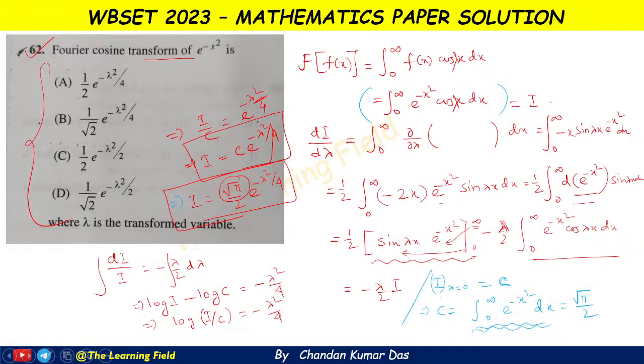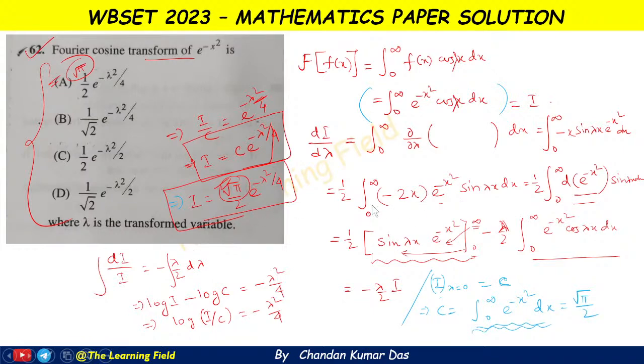I think this is a printing mistake, or in that case the question may be wrong, because a root pi must come. If root pi is not given, then I think option A is correct, but we need a root pi in the numerator of the fraction. So this is the case of this question, and I think this is the correct way to solve the question.